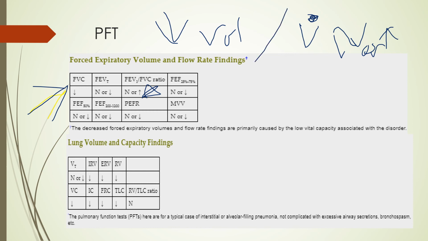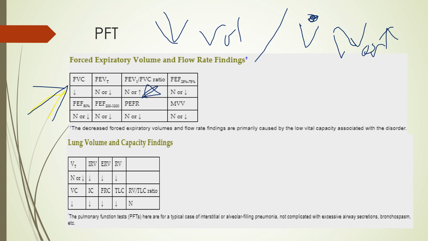So when you're looking at restrictives, right, volumes are low, flow rates are normal. In general, their peak expiratory flow rate, all that stuff is going to be normal unless they have an underlying obstructive lung disease.